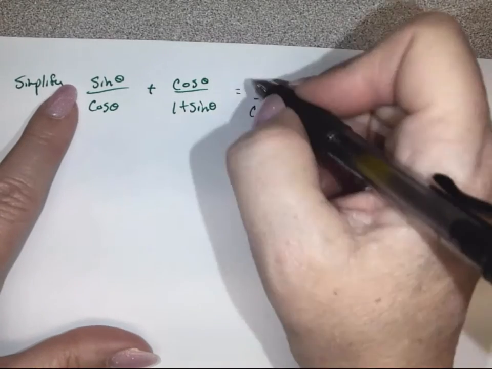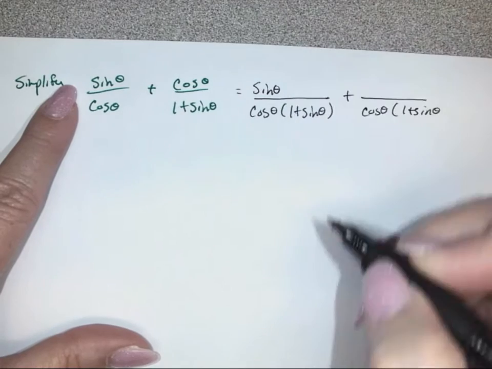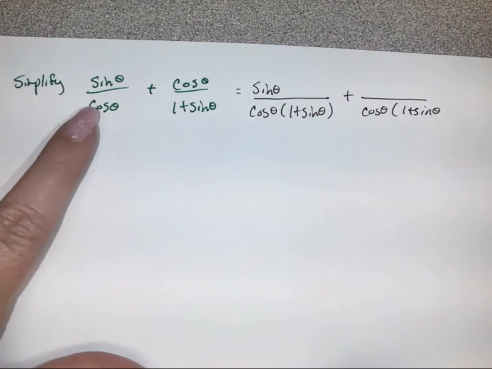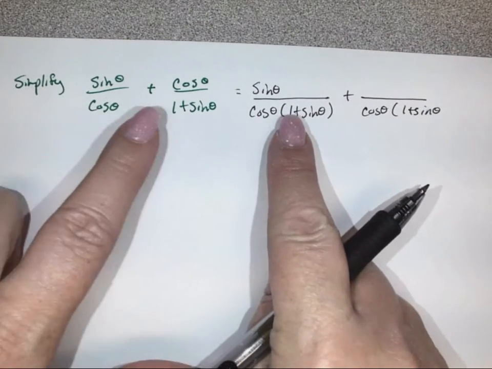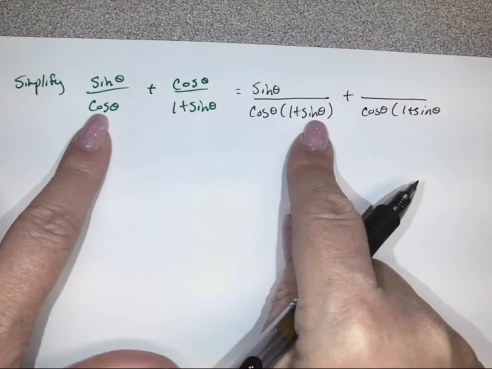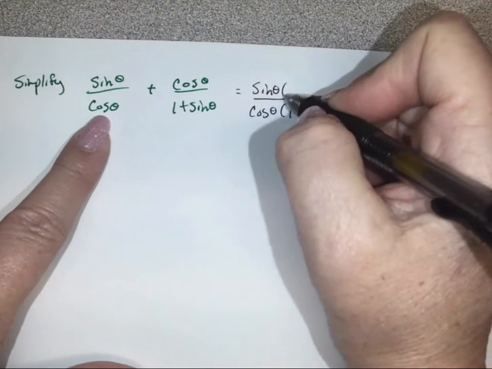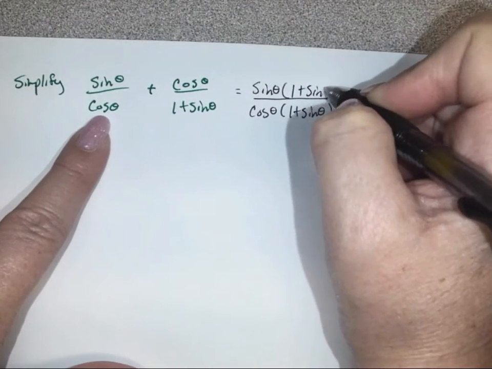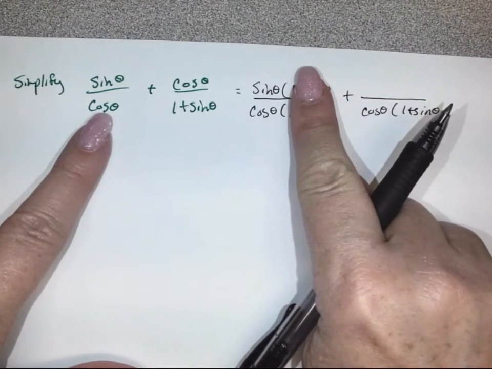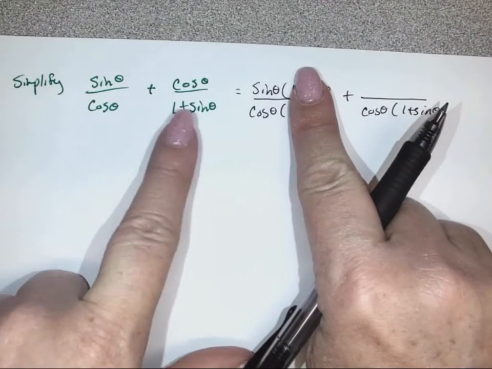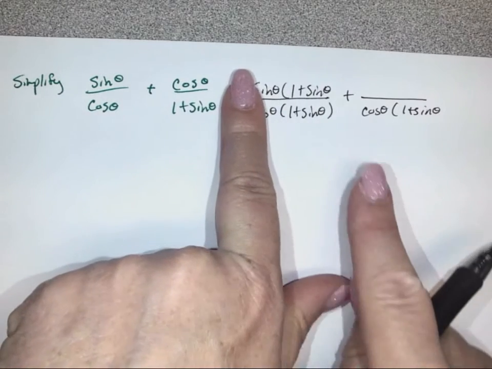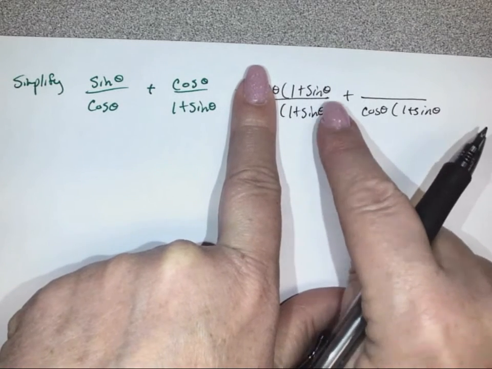Now on the top, we already had sine theta, so we're going to write that. We have the cosine theta, but we need to multiply by the 1 plus sine theta, because again, we multiply by 1.